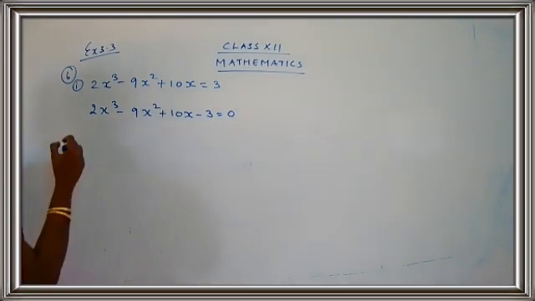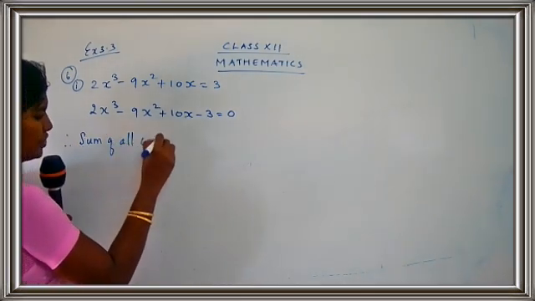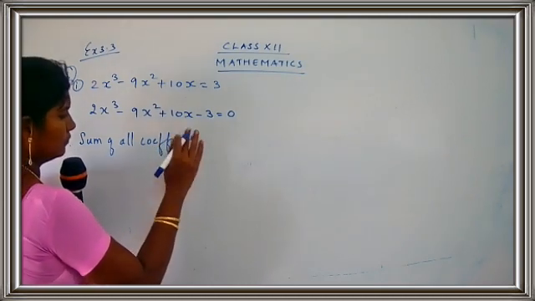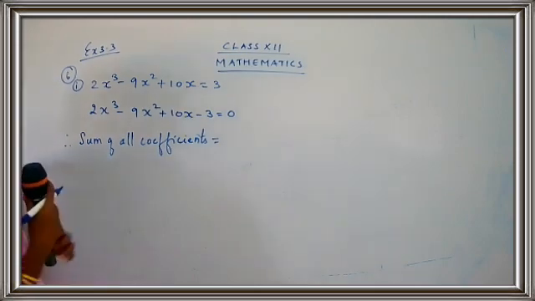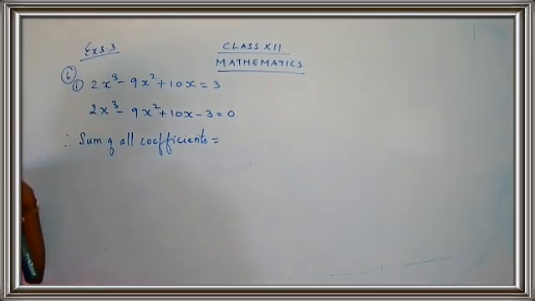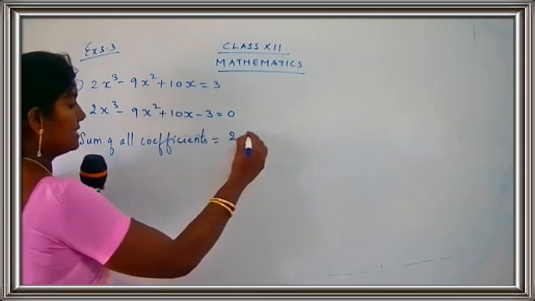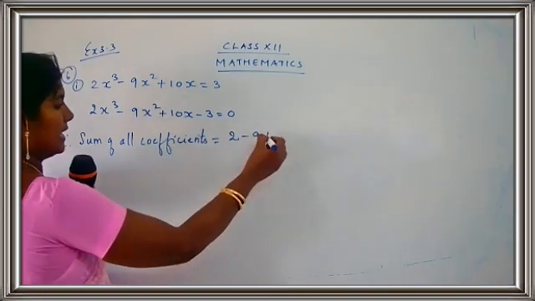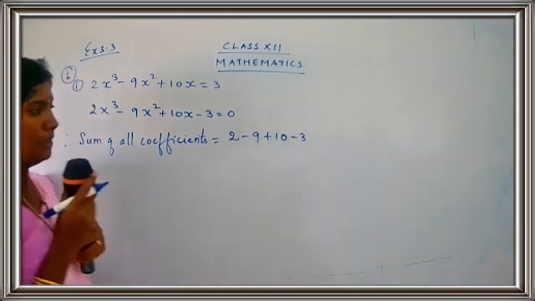Therefore, the sum of all coefficients is equal to, take all the sums. I am going to take the coefficients, and when you take the coefficients, do not forget to take the sign also. So 2, minus 9, plus 10, minus 3.